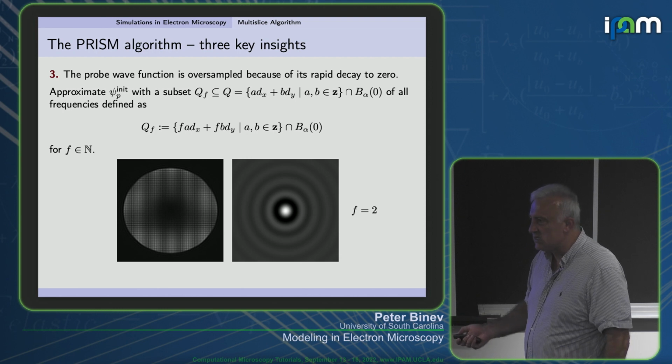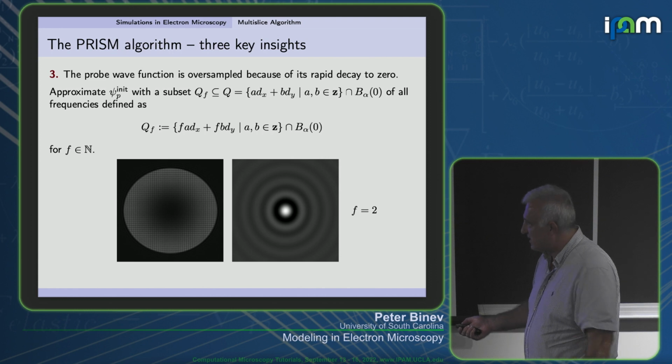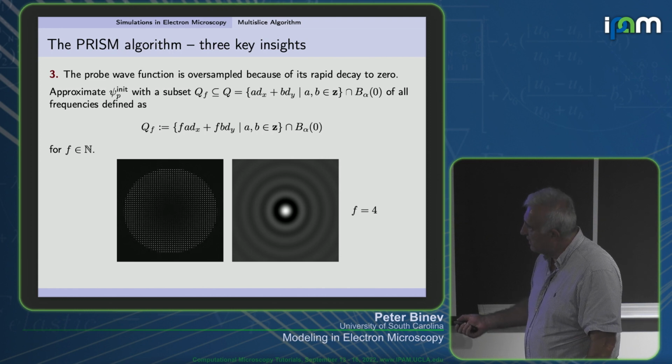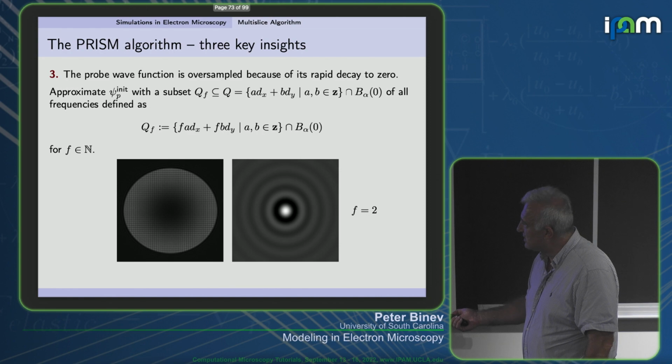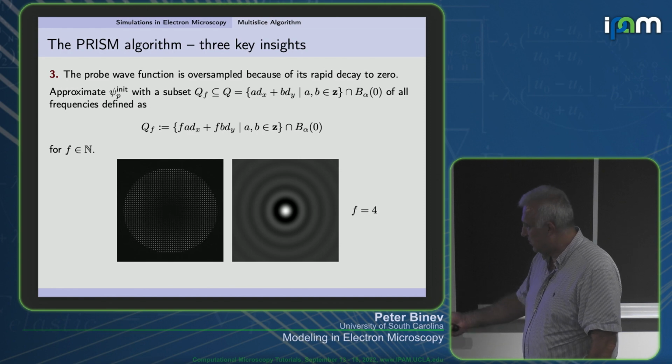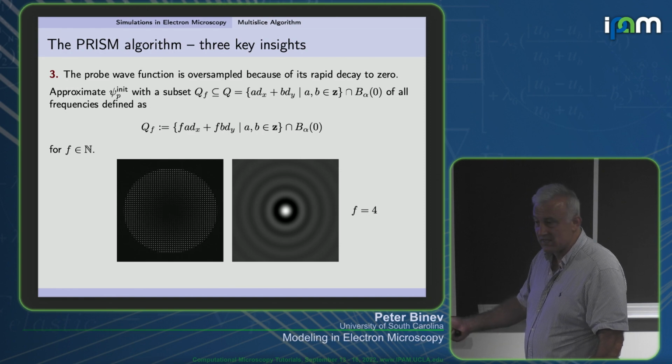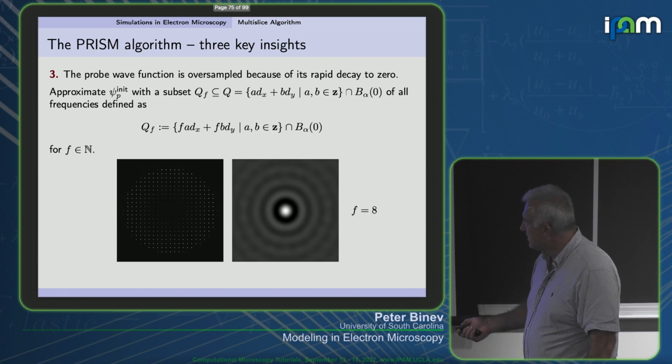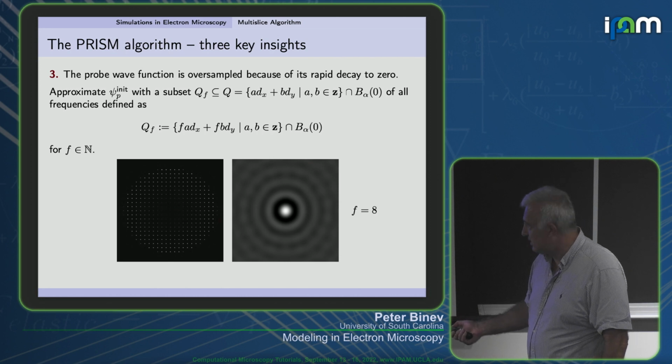You cannot see an essential difference visually, but of course we have some. Here, maybe you can see a little bit of difference for f equals 4. That means 1/16, the number is reduced 16 times. Then you have a 64 times reduction. You can see already that this is not a perfect function.